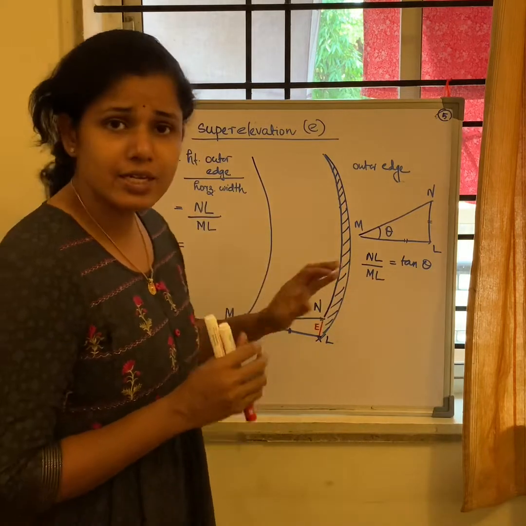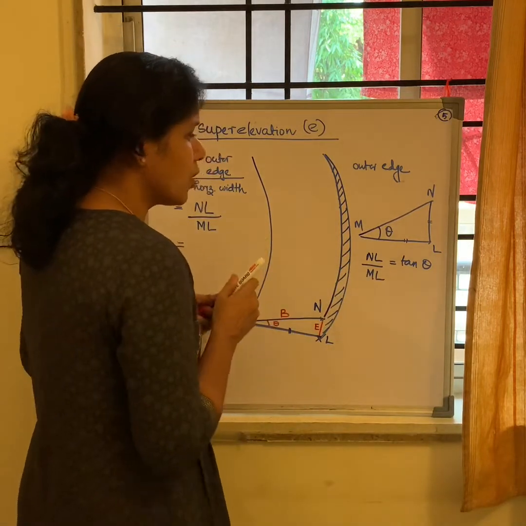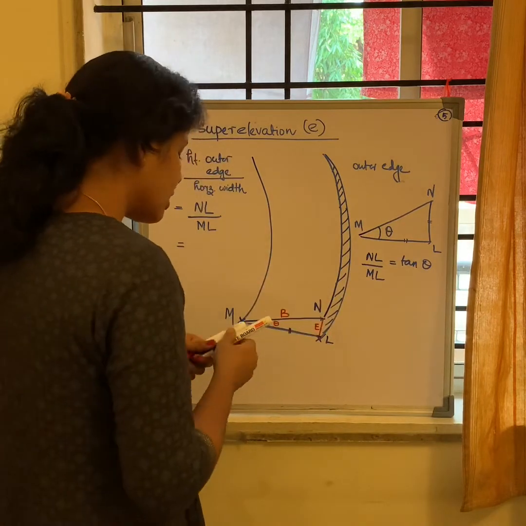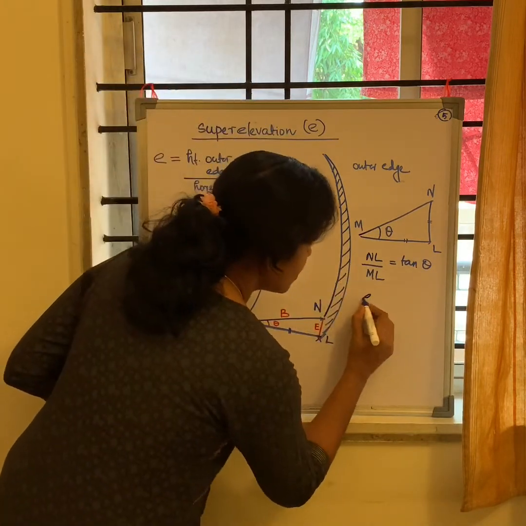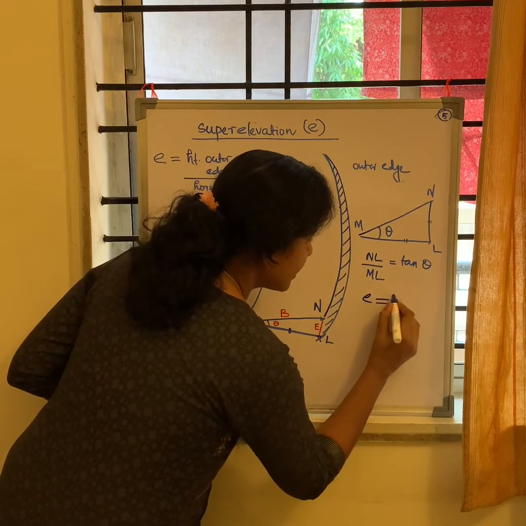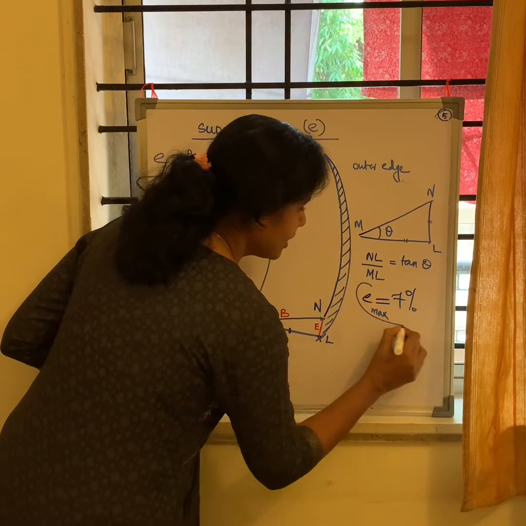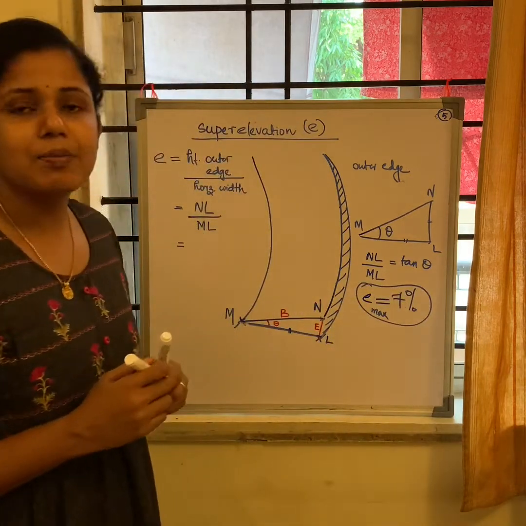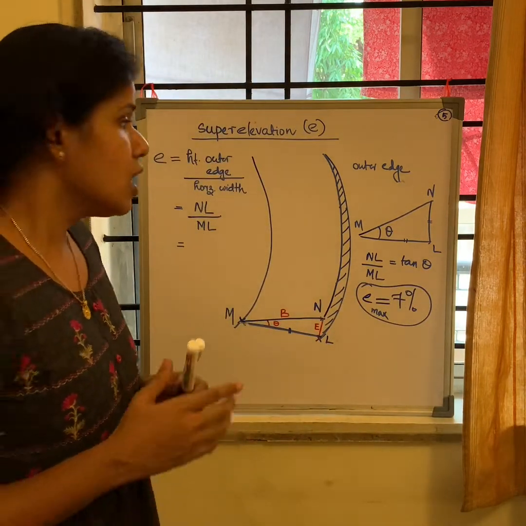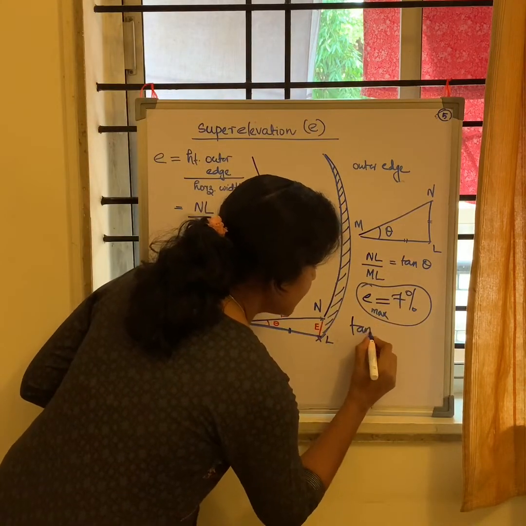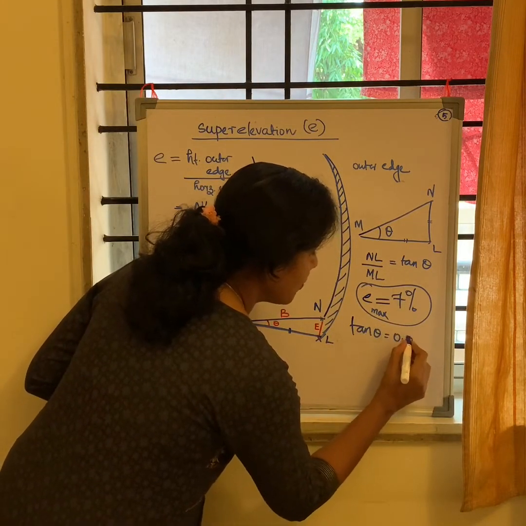For our understanding, this value is limited to a maximum, and hardly does superelevation exceed 7%. We express it in percentage. So one can say that E max can be considered as 7%. If you take that value, then tan theta is going to be 0.07.